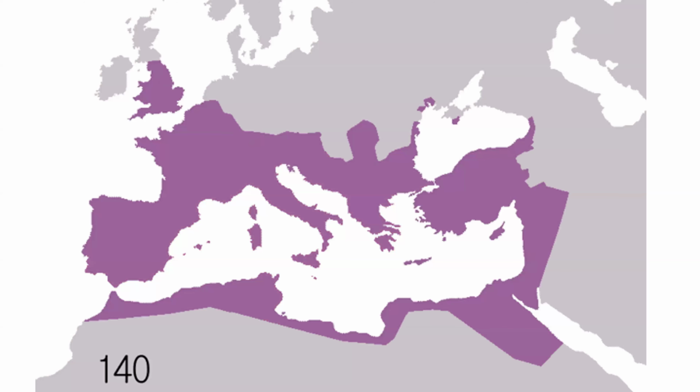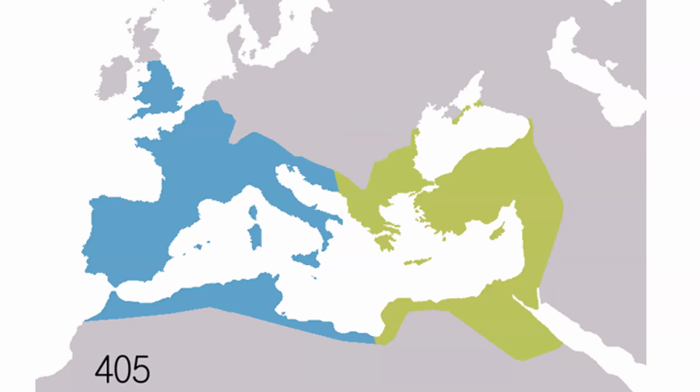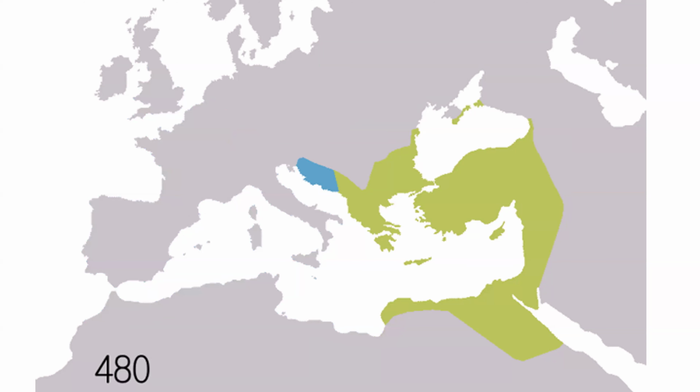This map takes it from about 500 BC, just a little city in the Italian peninsula, up through the time of Jesus, about zero, and then all the way through to the time of the destruction of the Western Roman Empire.